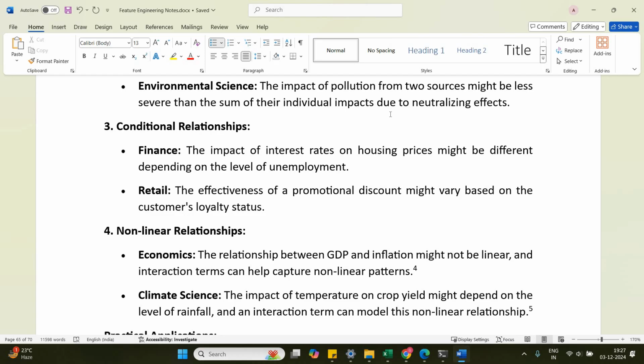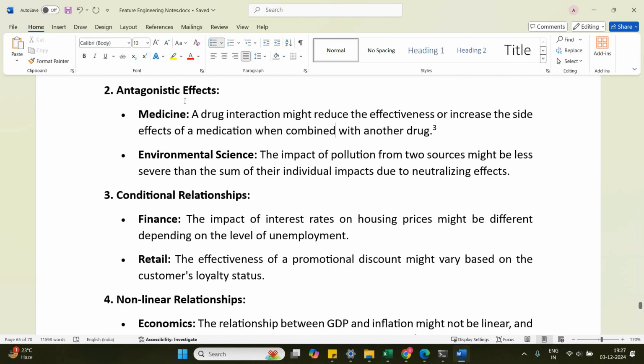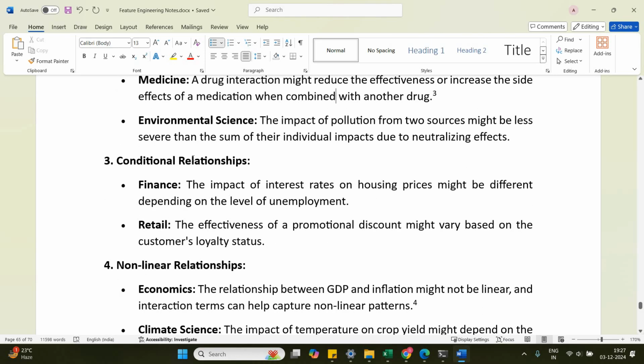But each of these pollutants has compounds or molecules of a particular atom, so that when they come together, the element in one pollutant can neutralize the element in the other, right? Then rather than increasing the pollution, the pollution may decrease. So this is again an antagonistic effect. In environmental sciences as well, interaction terms could be used to study these things.